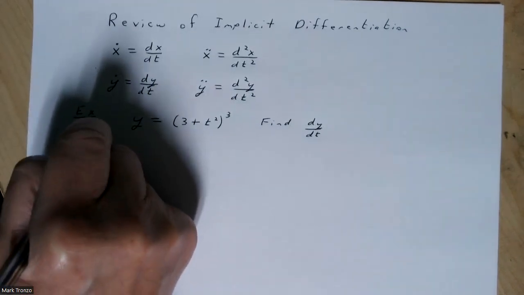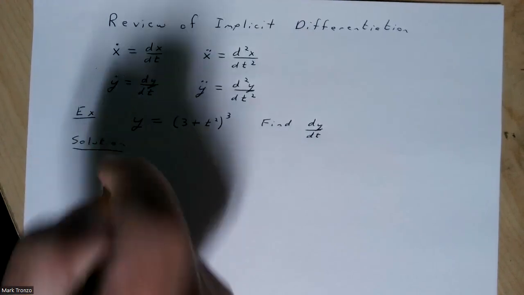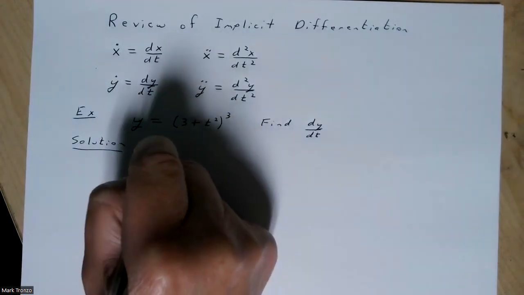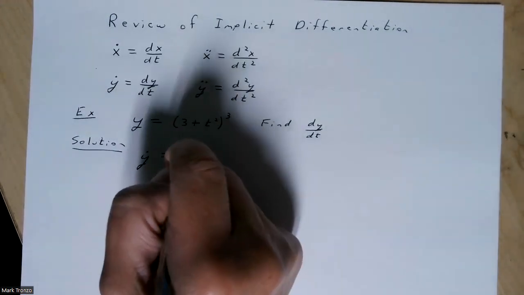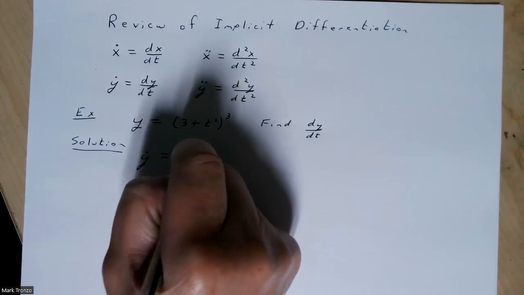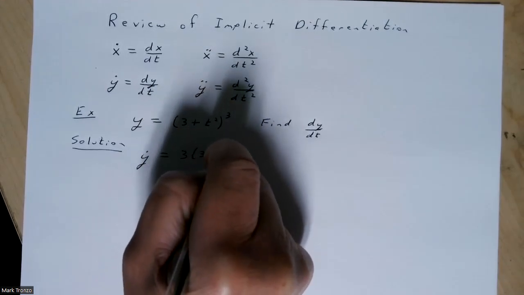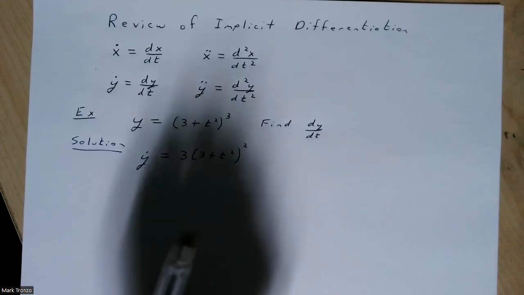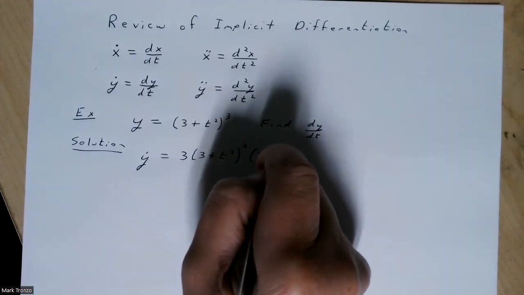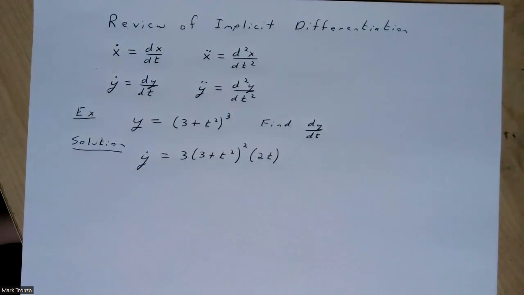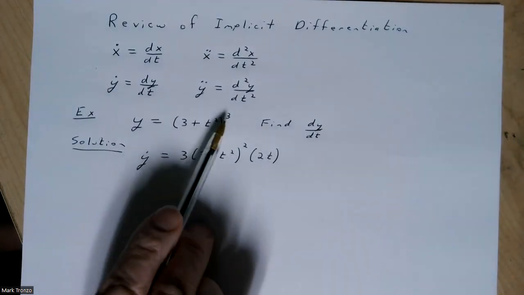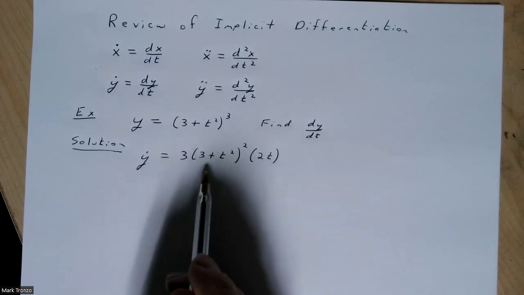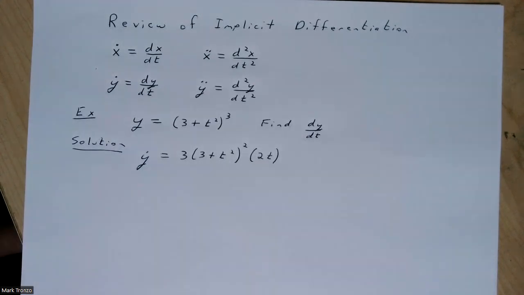So we take the derivative of y, call that y dot. Then over here, we have to use the chain rule: 3 times (3 plus t squared) squared, times the derivative of the inside, which is 2t. So remember, we used the chain rule. We brought this down, took the derivative of this, then took the derivative of the inside.